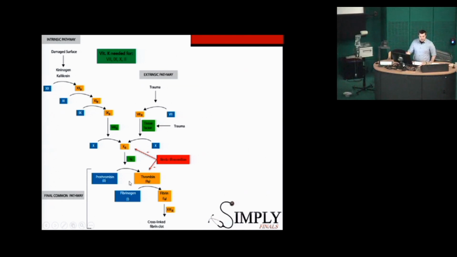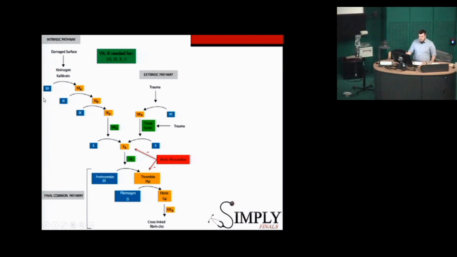The APTT, the other one, the activated partial thromboplastin time, they all have really stupid names. That's testing the intrinsic and the final common pathway. The intrinsic pathway is where all your haemophilias affect. So you can get a factor 7 deficiency, but it's not been shown to have any clinical significance because you've got a function in an intrinsic pathway.